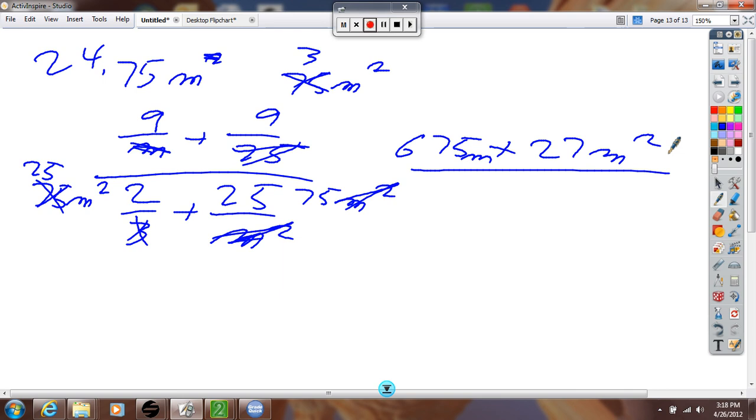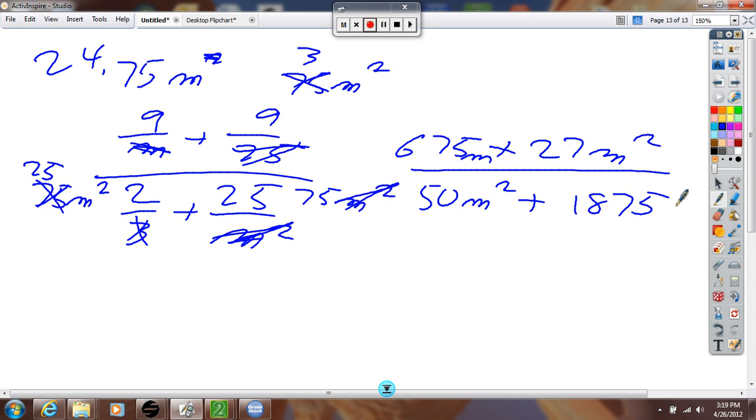Bottom: 25 times 2, 50m squared, plus 25 times 75. Big number. What is it? 1,875.